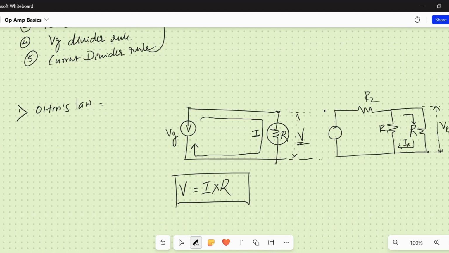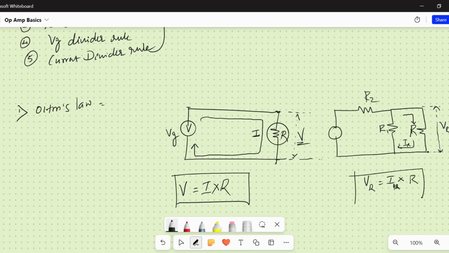According to Ohm's law, the voltage drop should be equal to the current multiplied by the resistance. The current is IR multiplied by the resistance R. This is called Ohm's law.